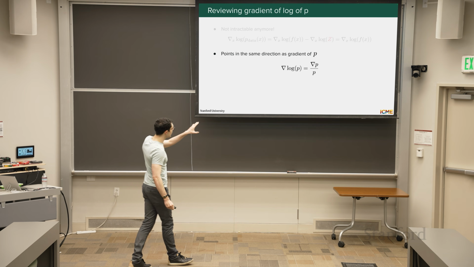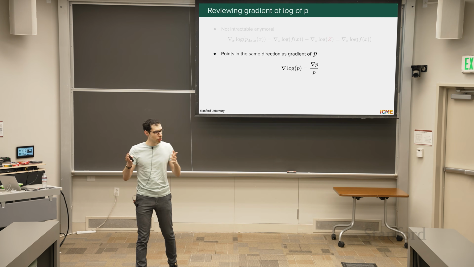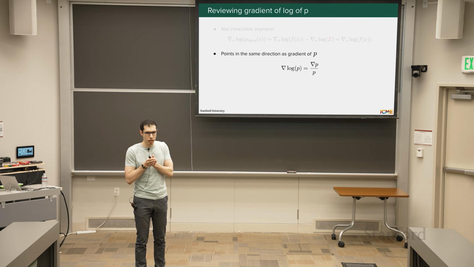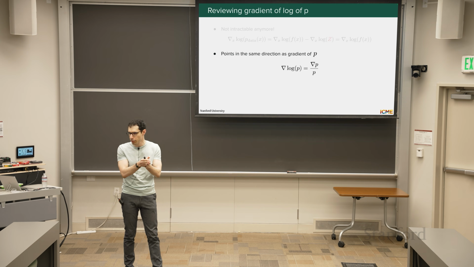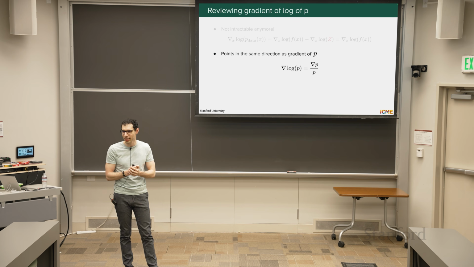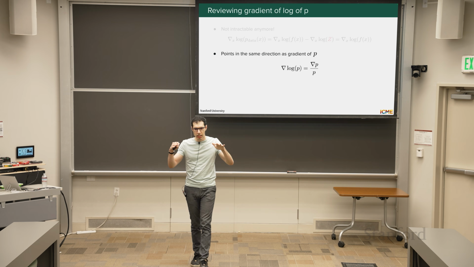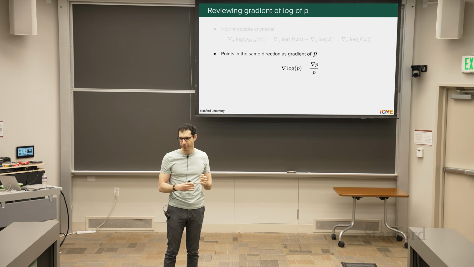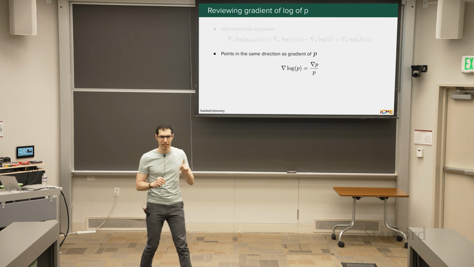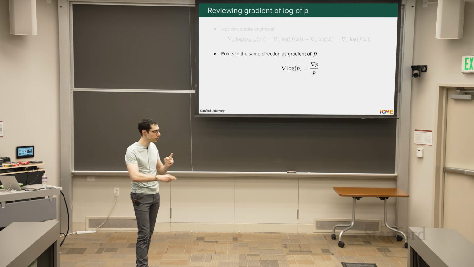And so what that means is up to some normalization, the gradient of the log of p is pointing towards the same direction of gradient of p. Because p is a scalar. Just remember, p is a scalar, so it's as if you were dividing your vector by the same quantity across all dimensions. Okay? First reason, it is tractable. Second reason, it is pointing in the same direction as gradient of p.